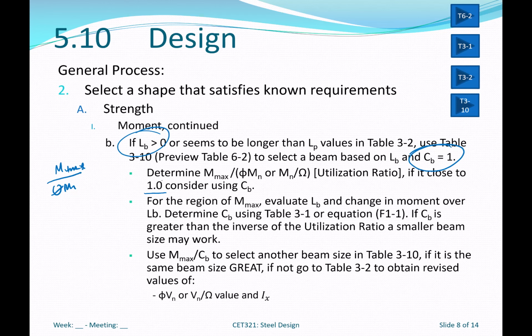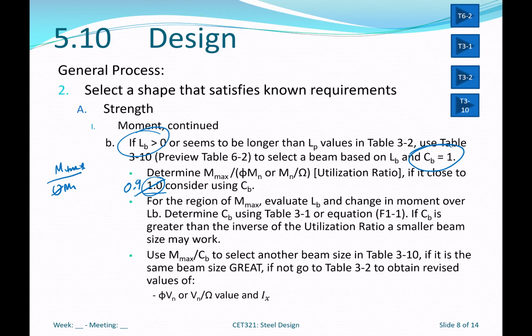If I'm close to, say, 0.9, I might want to consider using C sub B, but I'm going to need a C sub B of 1.1 in order to overcome that value.